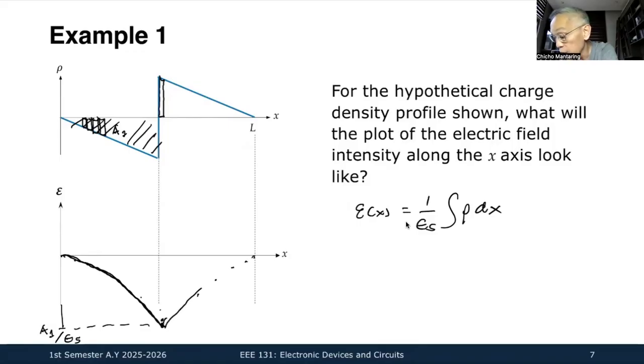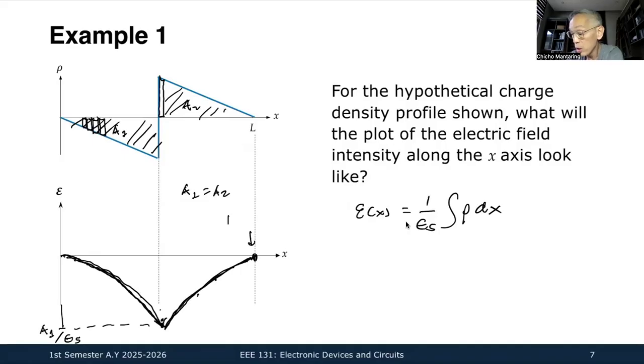So you're going to get a curve this way, where eventually your total area is 0. Why? This is A2, and A1 is equal to A2, so your final area is 0.